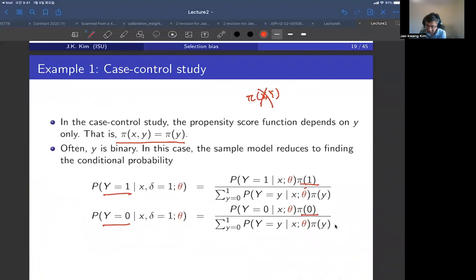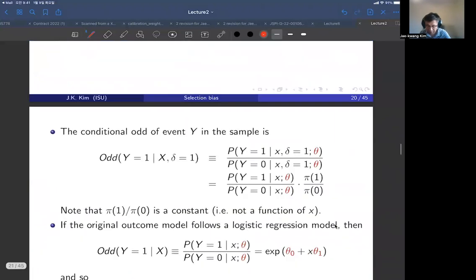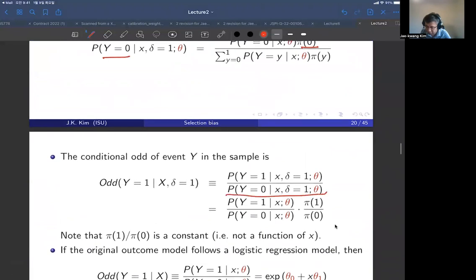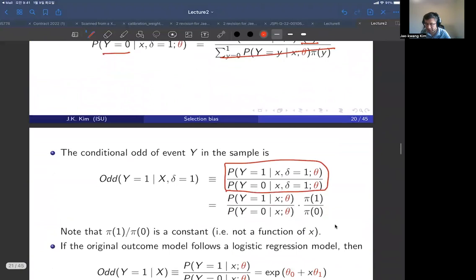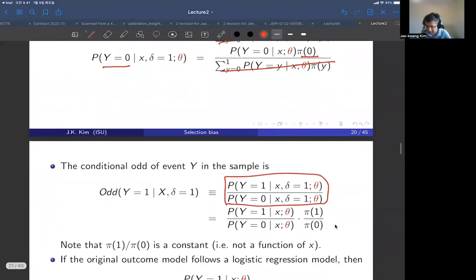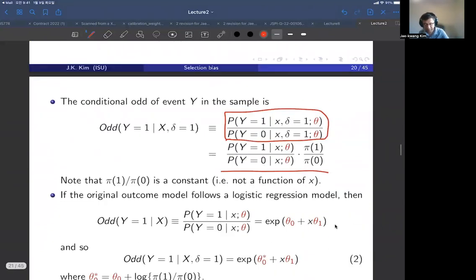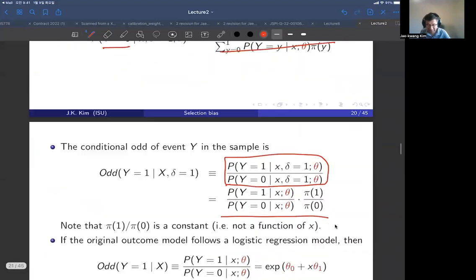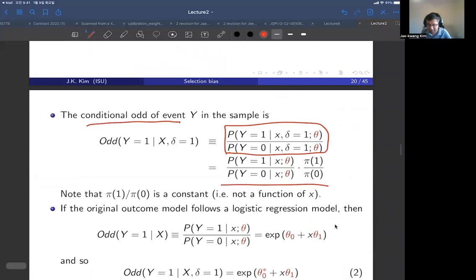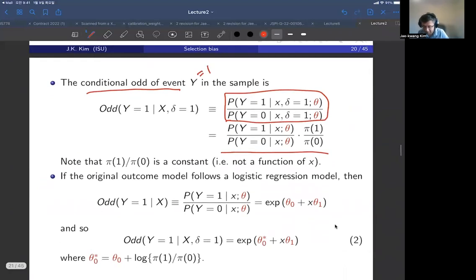That's it. The interesting part is that you have the same denominator. So if you take the ratio, then the same denominator cancels, so that you end up getting this form. So that ratio is a kind of odds. So the conditional odds of the event y equal to 1 in the sample is this form.